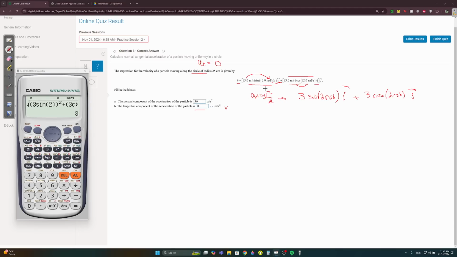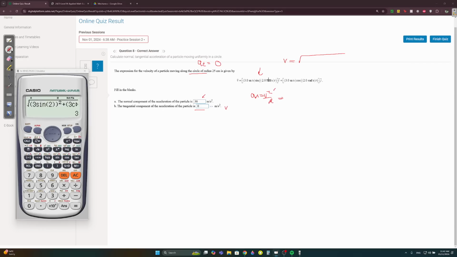I want velocity, so I need to find the magnitude of this. So how am I gonna do it? Put it under a radical. I hate it when I explain like this. I want v squared over r, so I need the magnitude of the velocity for me to solve. I can't just find i component, j component. I want a final answer, right? So let me find the magnitude of the velocity.